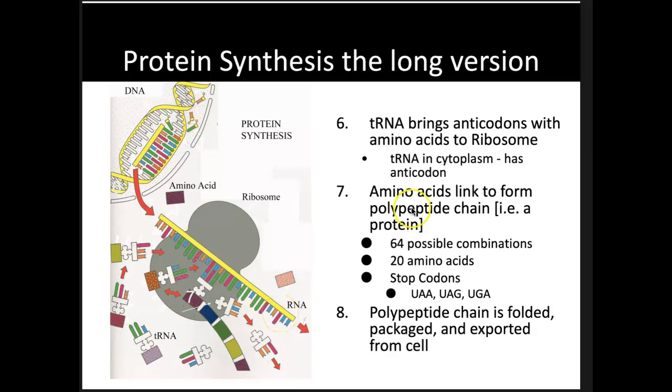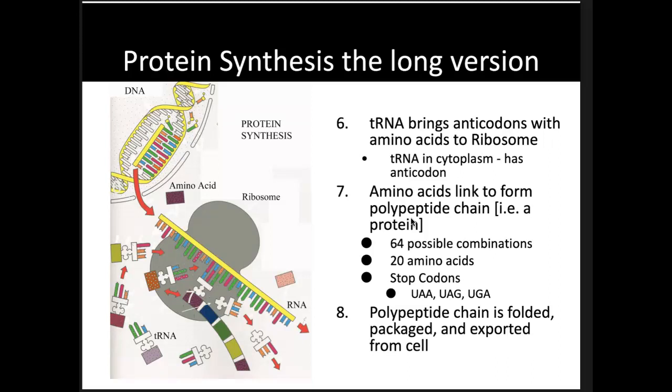So transfer RNA brings those anticodons to the ribosome, and the amino acids link up into a polypeptide chain. And then the polypeptide chain, once it's completed, is folded and packaged into the three-dimensional structure of the protein.